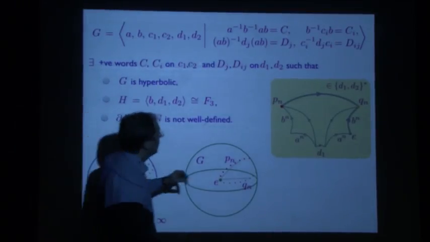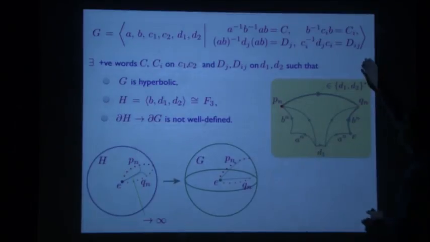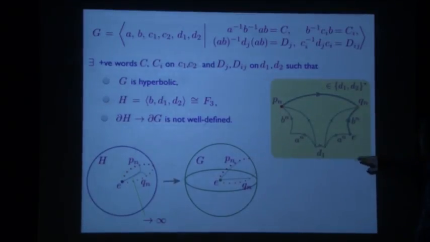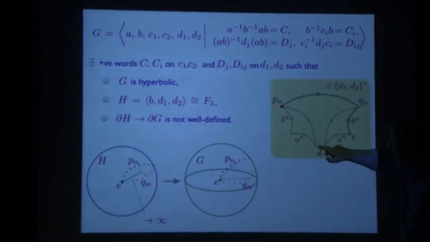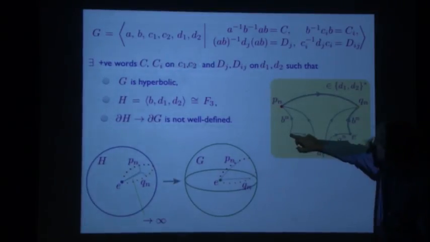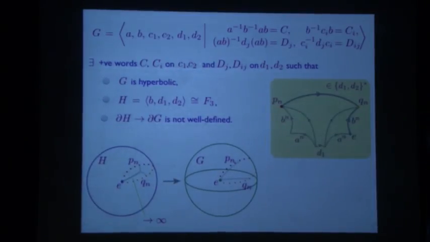Well, here are some paths in the Cayley graph of this group. Here's the base point, E, the identity. Qn will be positioned at b to the n, and Pn over here at a to the minus n, d1 inverse a to the n b to the n.